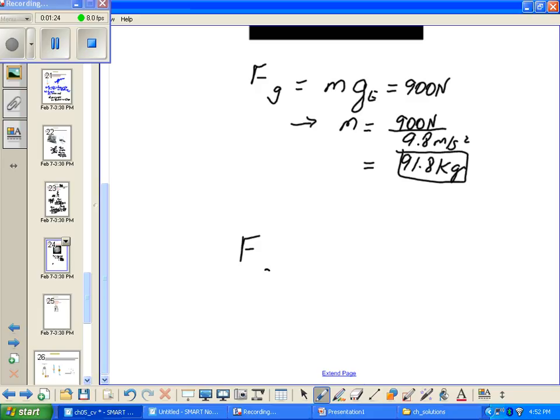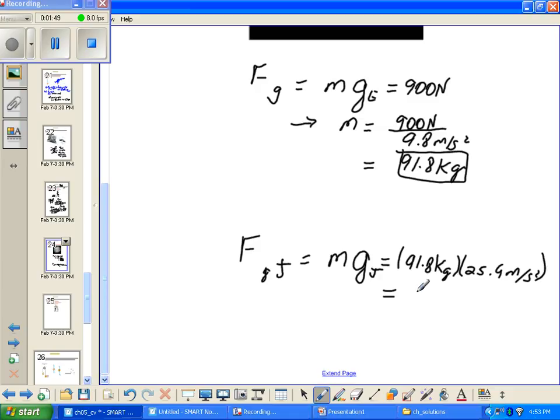F sub g, the force of gravity on the planet Jupiter, will be equal to his mass times g for the planet Jupiter, and that will be given by 91.8 kilograms, the mass we just determined, multiplied by 25.9 meters per second squared, the acceleration of gravity on Jupiter.